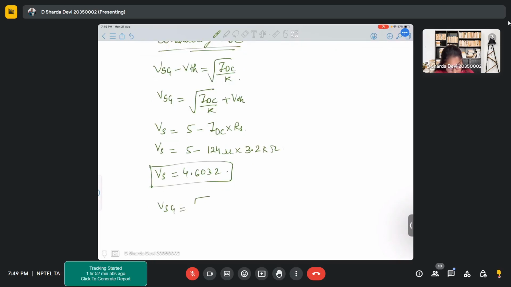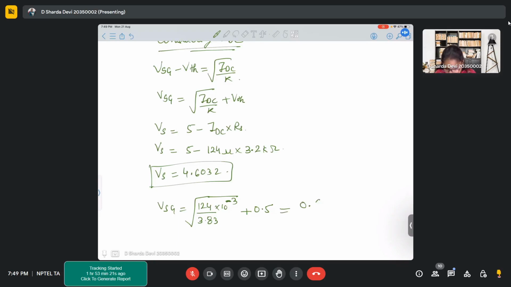If VS is this much, VSG is root under 124 by 3.83 plus 0.5.